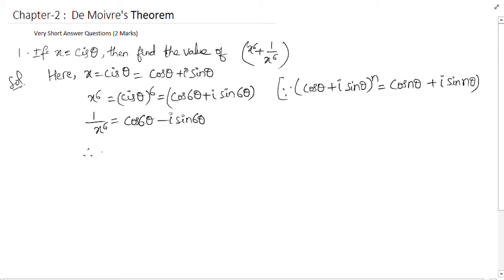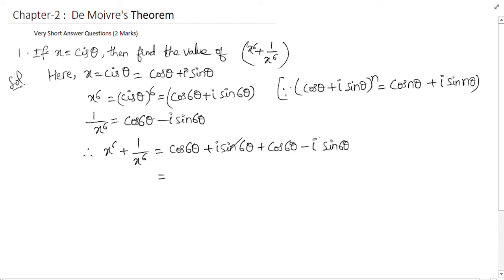So therefore x^6 plus 1 by x^6 will be equal to cos 6 theta plus i sin 6 theta plus cos 6 theta minus i sin 6 theta.